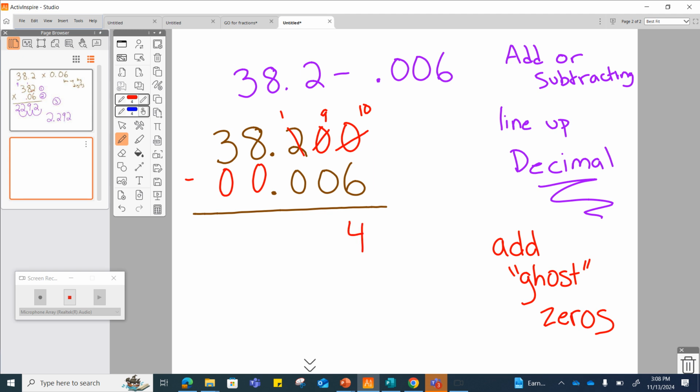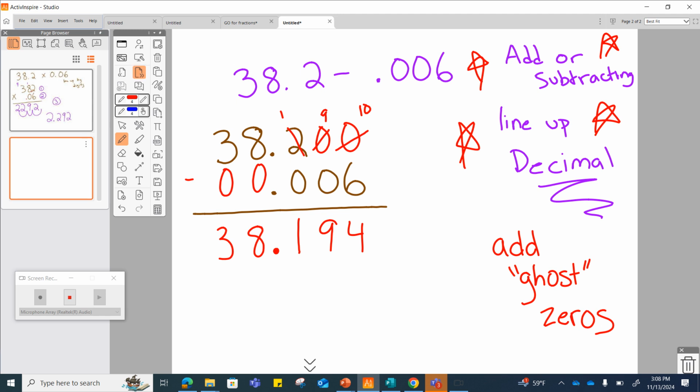The 0 became a 9, and I had to pull from the next column over. 9 minus 0 became 9. 1 minus 0 became 1. I'm going to bring down the decimal for adding and subtracting. 8 minus 0 and 3 minus 0. So again, the key here is you want to line up the decimal when you are performing addition or subtraction of decimals.